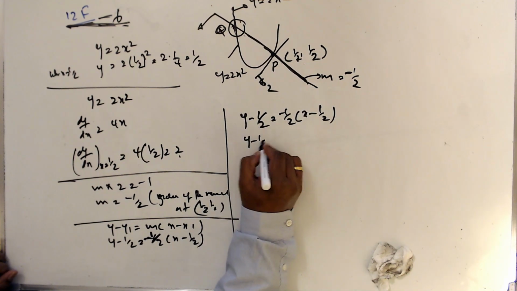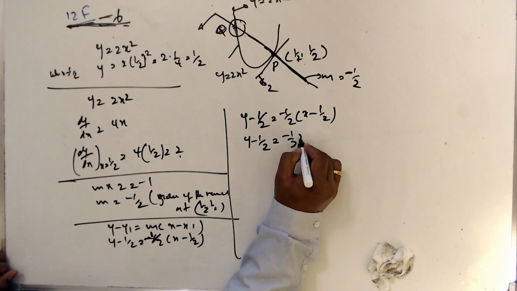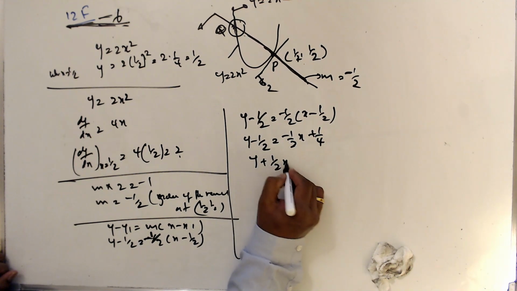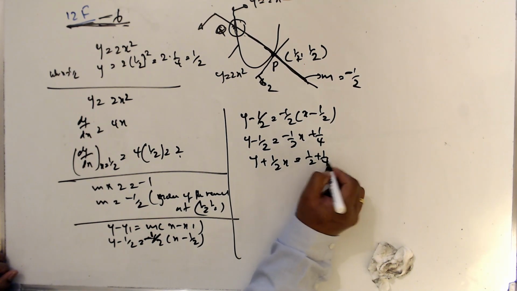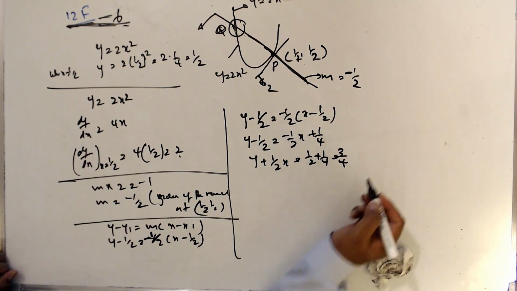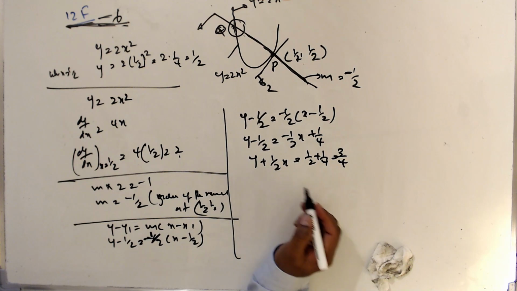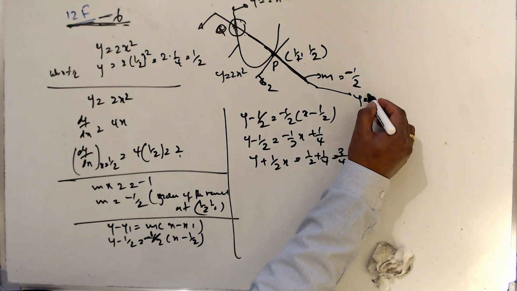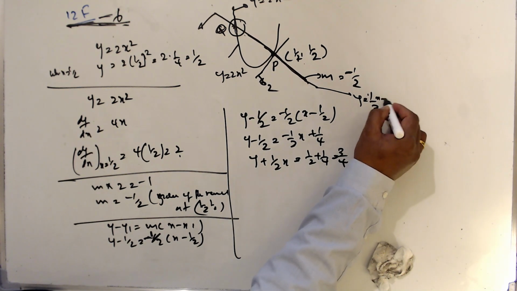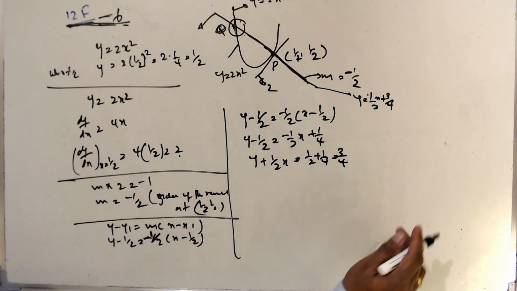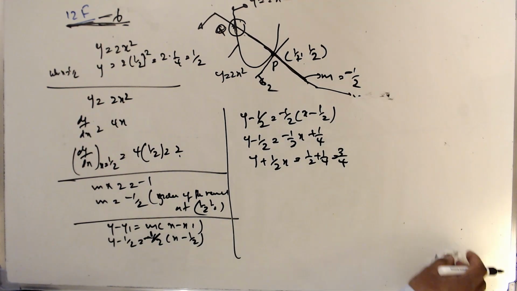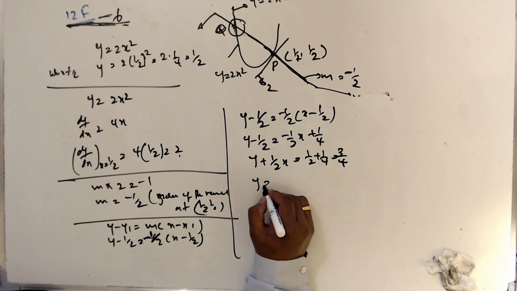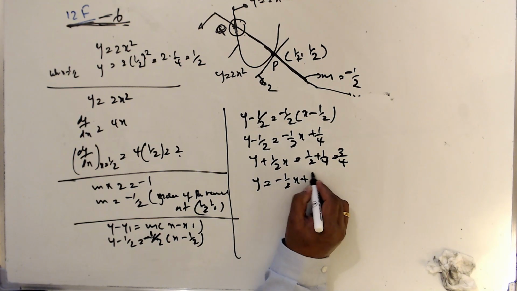So y minus half equals minus half x plus 1 over 4. So y plus half x equals half plus 1 over 4, so this is 3 over 4. I will write y equals minus half x plus 3 over 4.